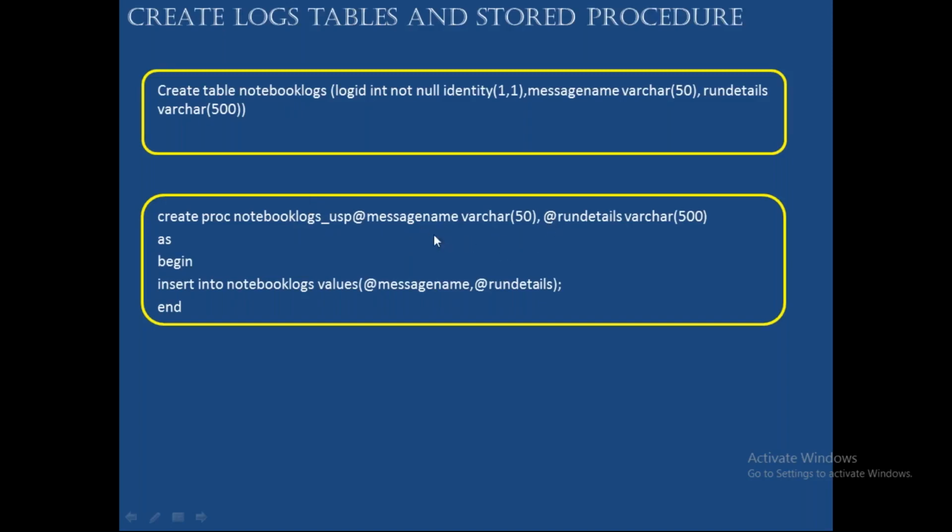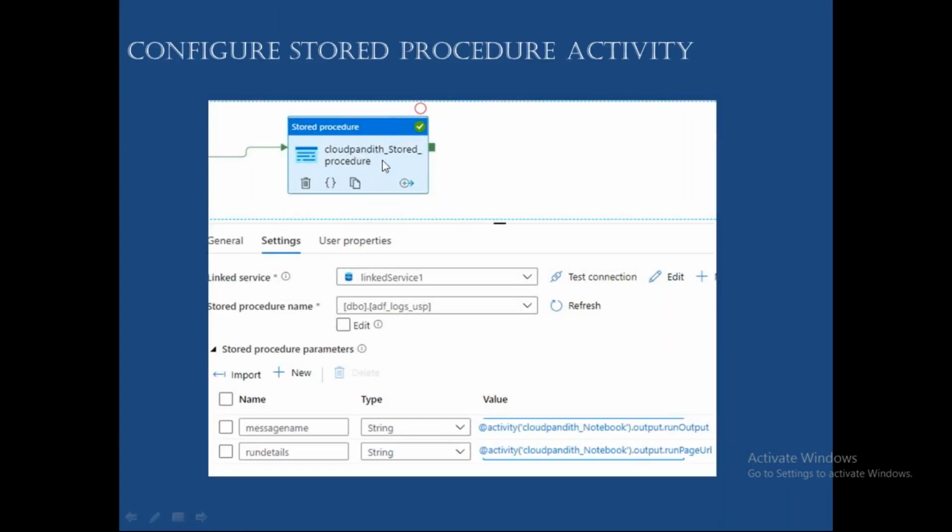How will you pass these two messages? I will show you now. See, this is the stored procedure activity in Azure Data Factory, and you need to select your stored procedure name and message name and run details. Message name means how you will get this message name: at the rate activity of your notebook activity name dot output dot run output.